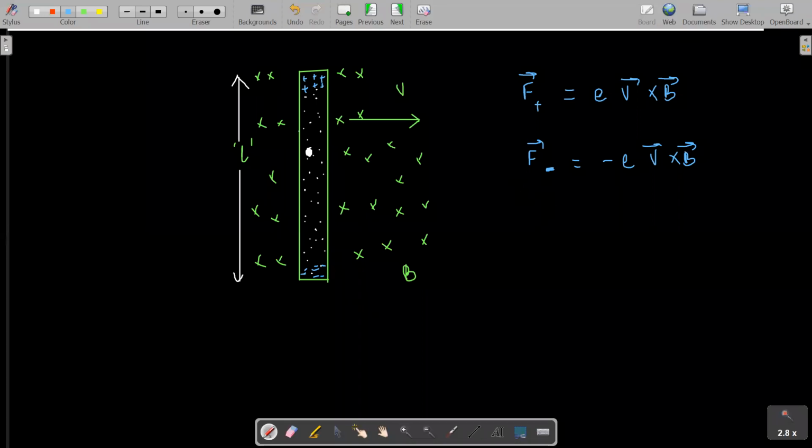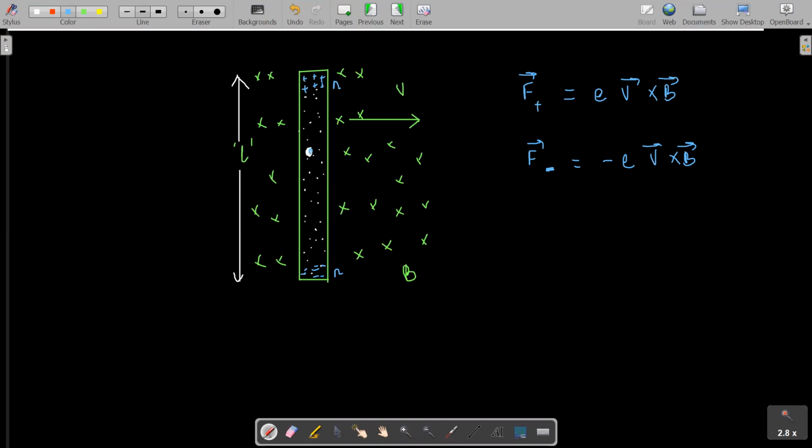Because all the positive charge will go this side and the negative charge will go this side, what could be the electric field, students? Let us say we have n positive charges and n negative charges.